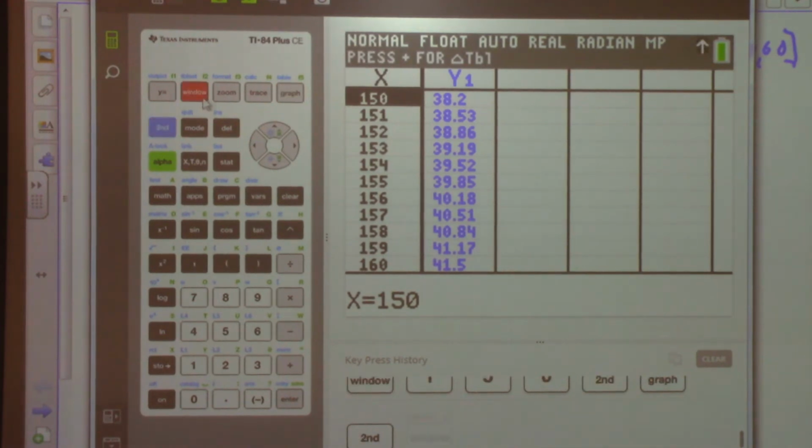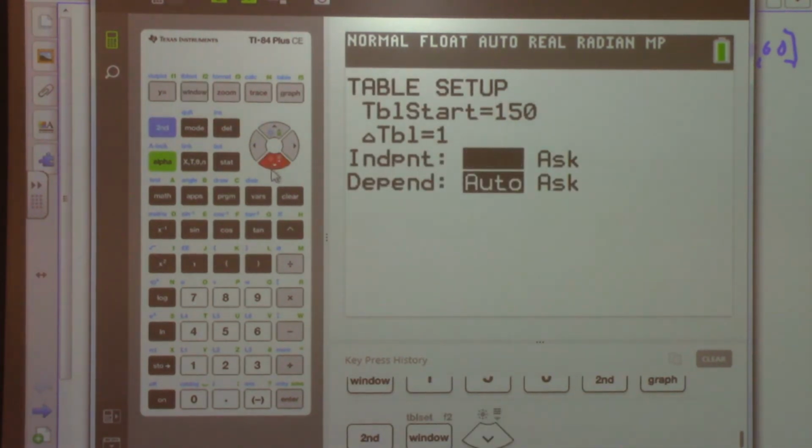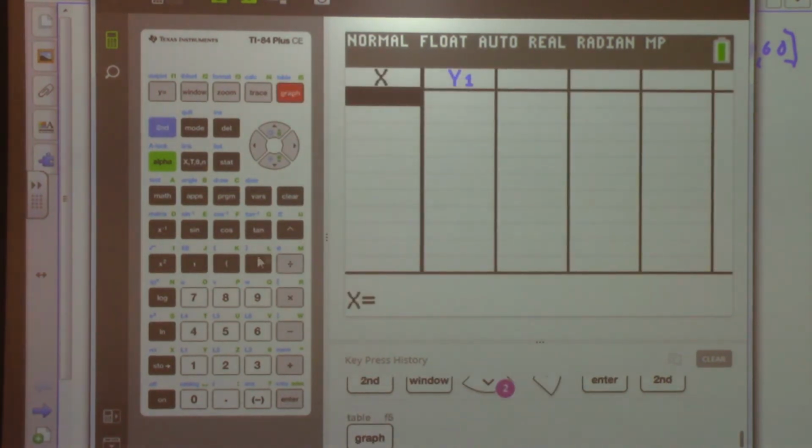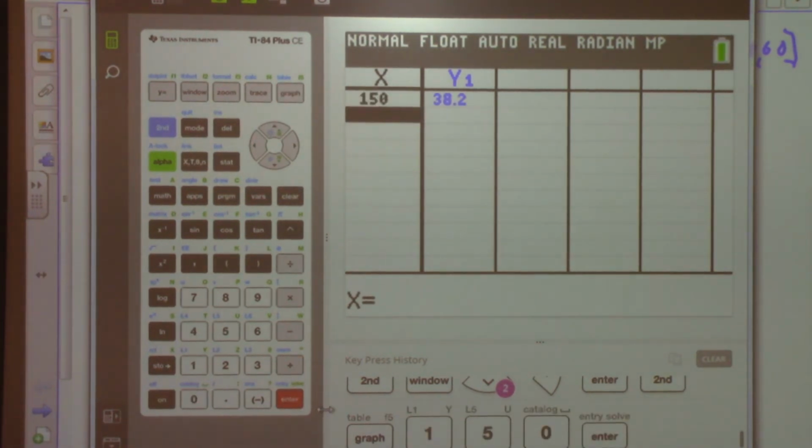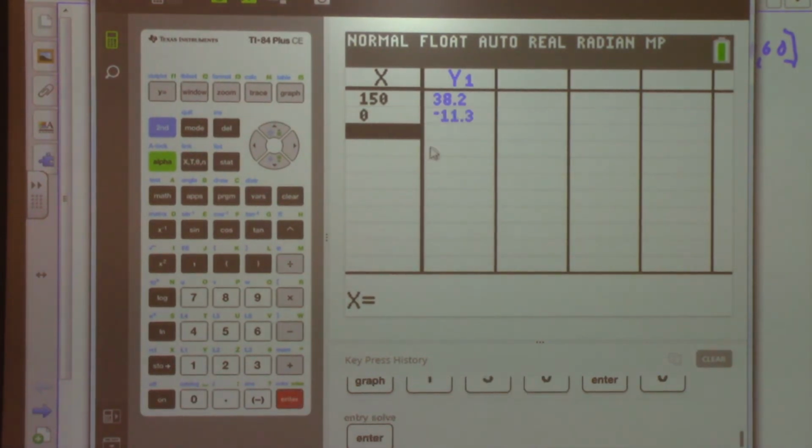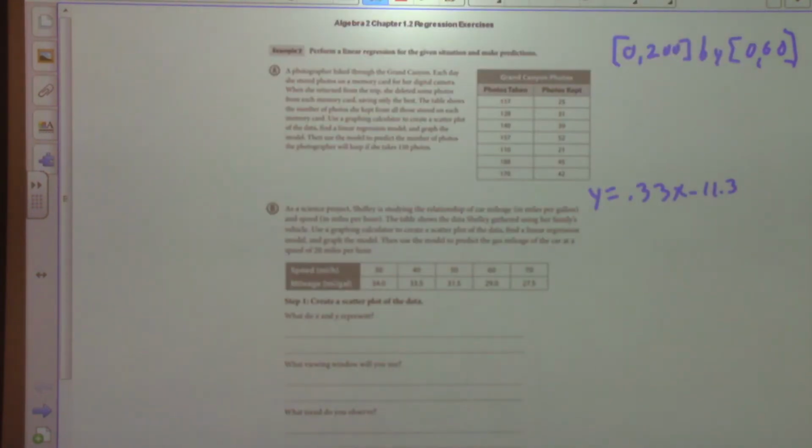You can go to second window and go down here to ask and enter that, and then you go over to your table view, and then you can enter what you want. And in this mode, you could enter 0, find your y-intercept, right? So that has a lot of flexibility as well. So what would be our answer for this question? 38. So 38 photos.